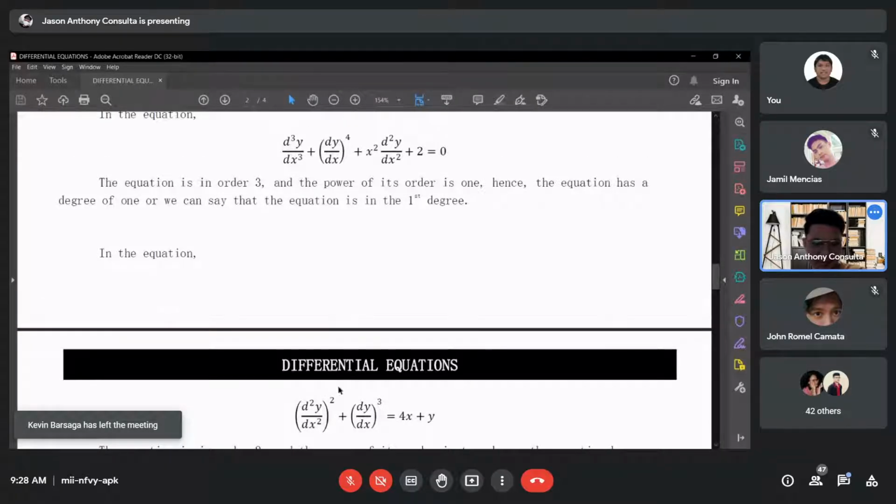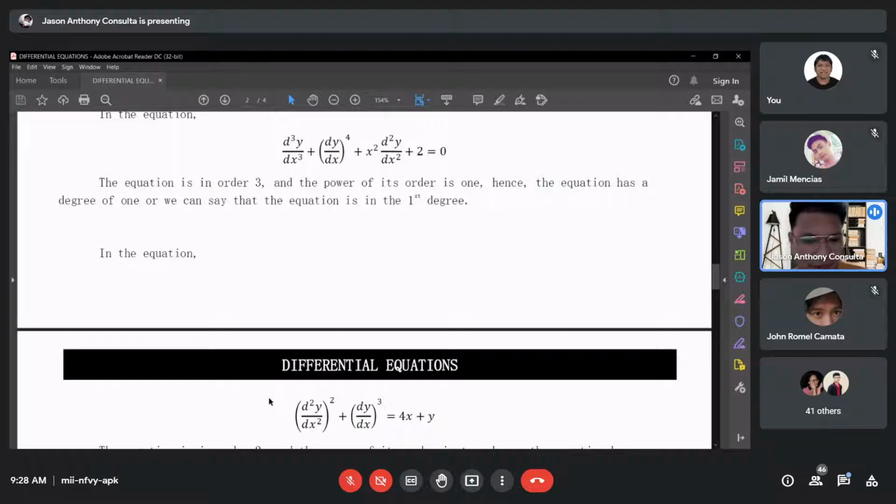So meron pa ditong isang sample. How about dito? Ano yung order? Order niya is 2. Kasi second derivative of y with respect to x. Yung isa, first derivative of y with respect to x. So yung second derivative of y with respect to x is raised to the second power.